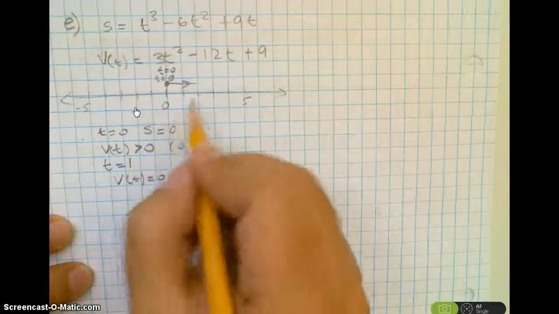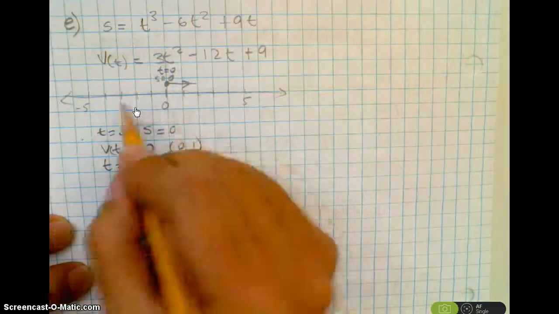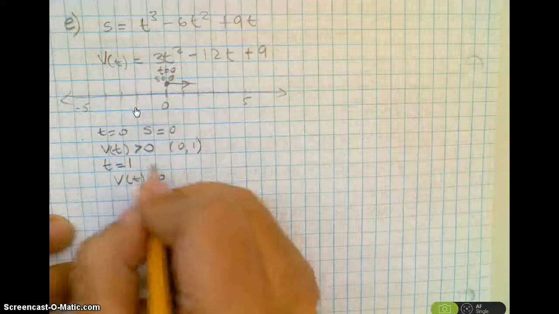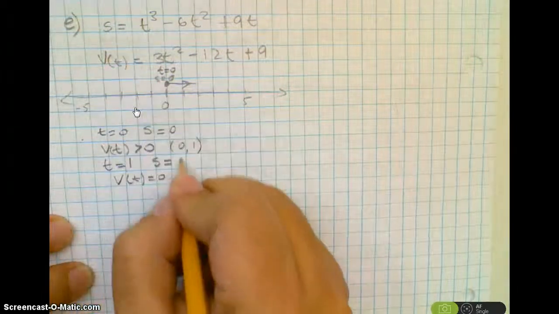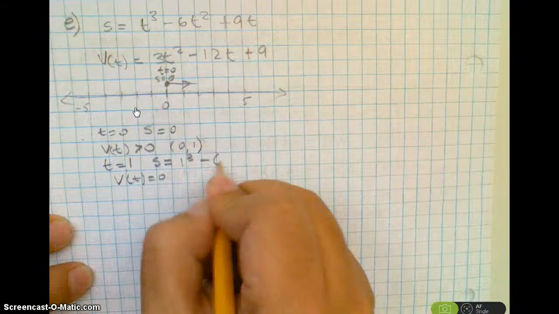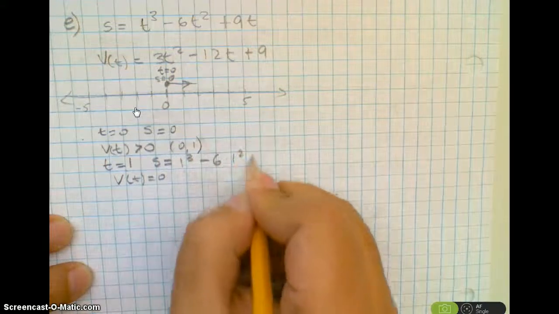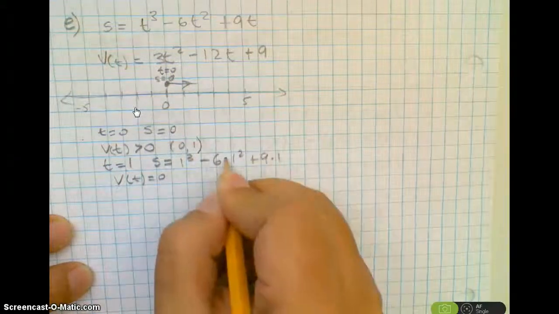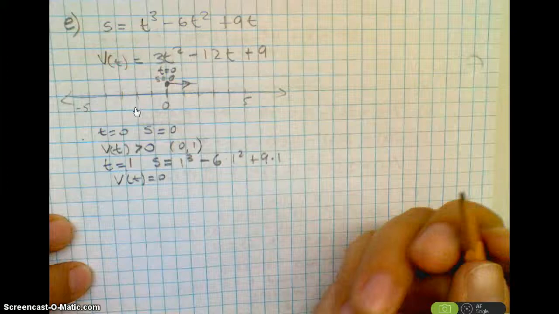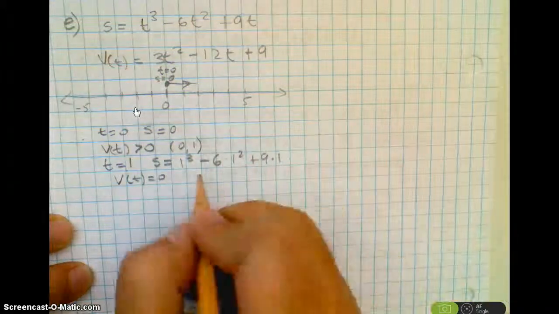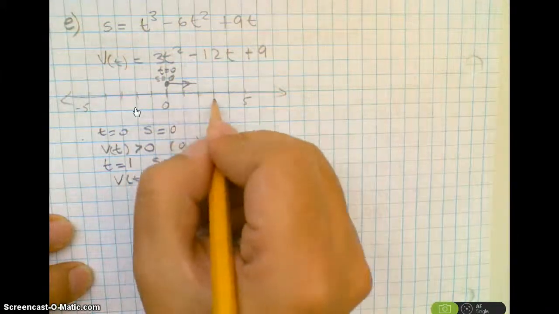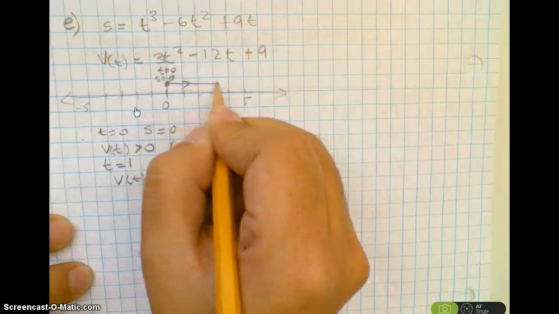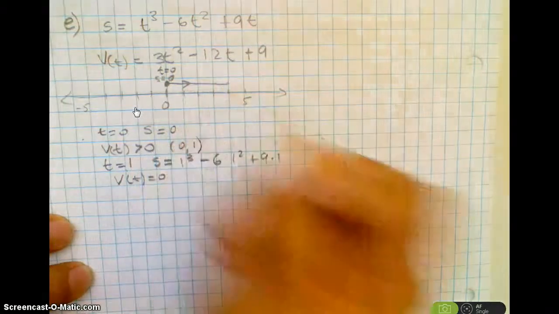But it doesn't mean that it was at the position 1 on the number line. I have to find out what is s for time equals 1. So when I replace, I have 1 cubed minus 6 times 1 squared plus 9 times 1, and that number is 4. So I have 1, 2, 3, 4. The particle goes all the way over here and it stops.